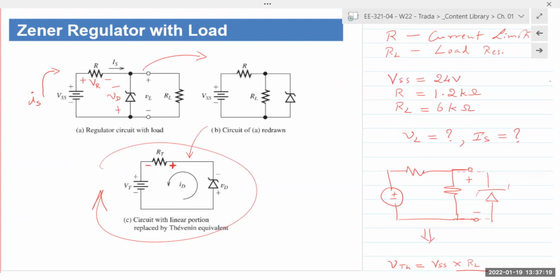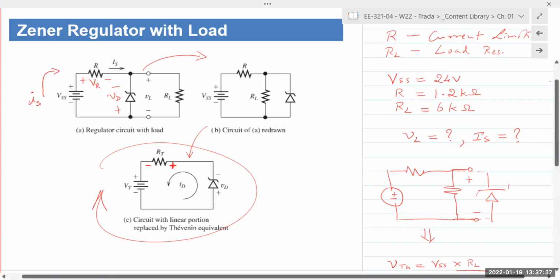But now we insert a Zener diode in there. What happens? It should keep the output constant. Even if the input voltage increases, the current coming from the source increases, but it should keep the voltage at the output constant, meaning the current through RL should not change.